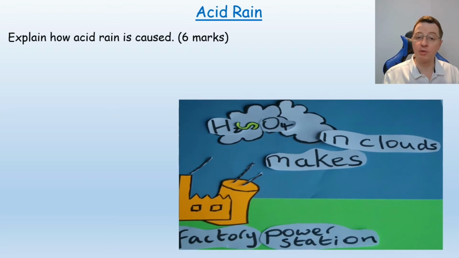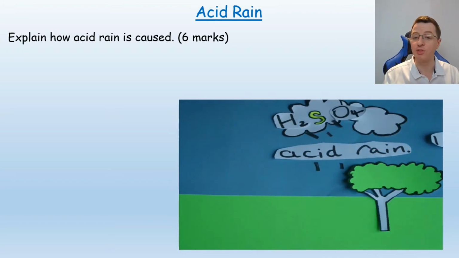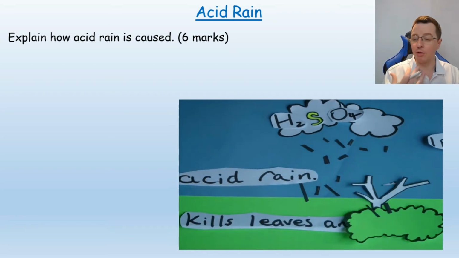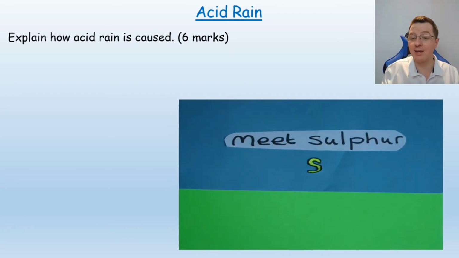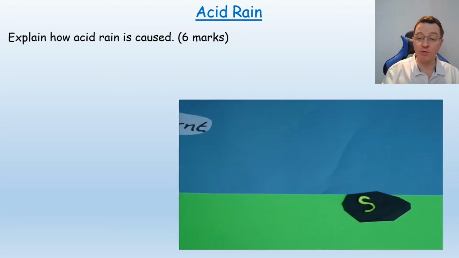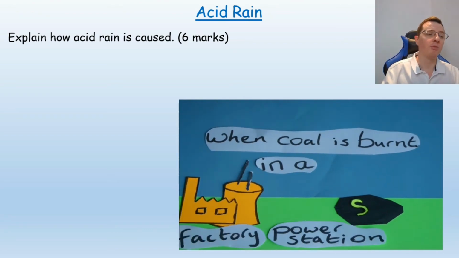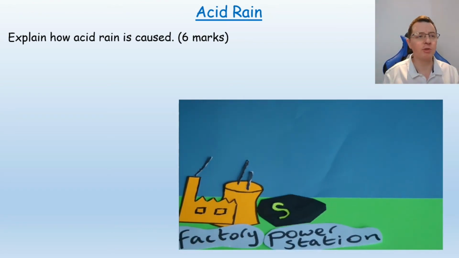The sulfur dioxide then dissolves in water in clouds to form H2SO4 or sulfuric acid. When the clouds rain, they rain that sulfuric acid onto the trees, onto the lakes, the rivers, and cause a lot of ecological damage. They will destroy the leaves off trees.